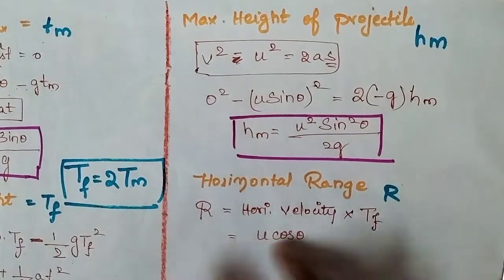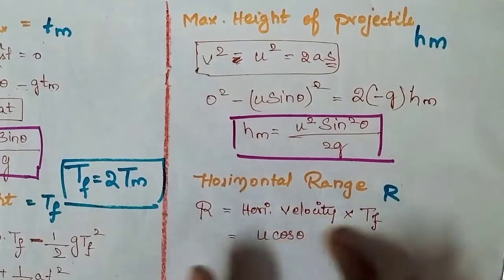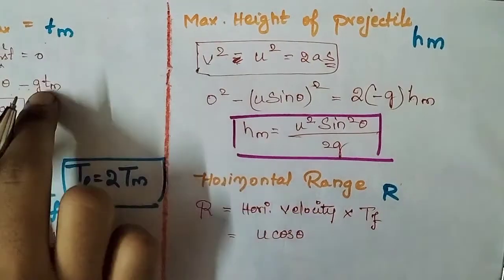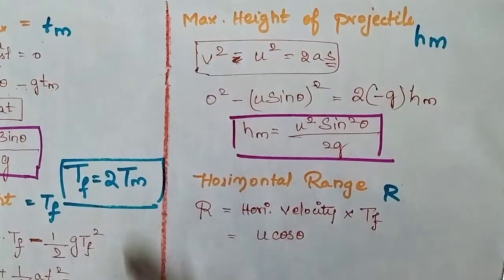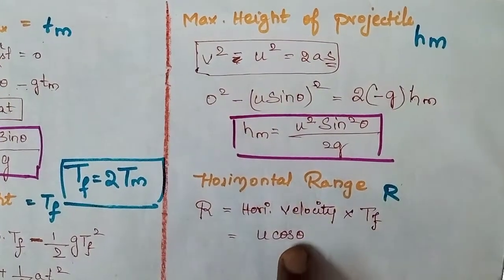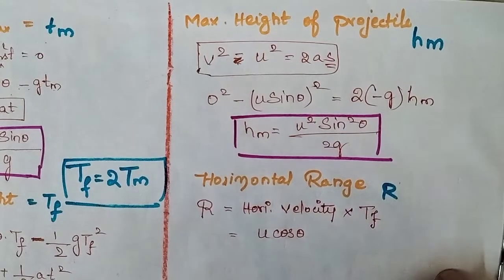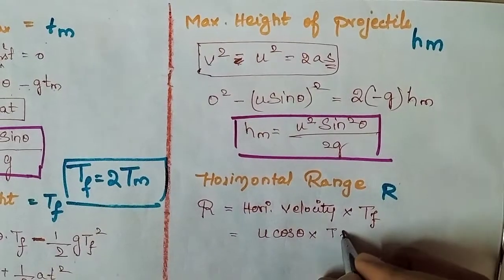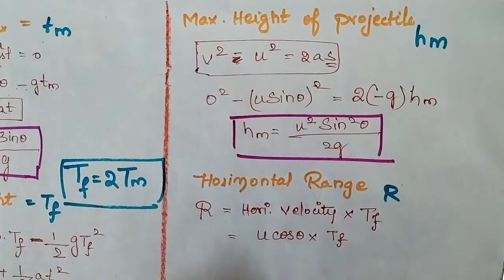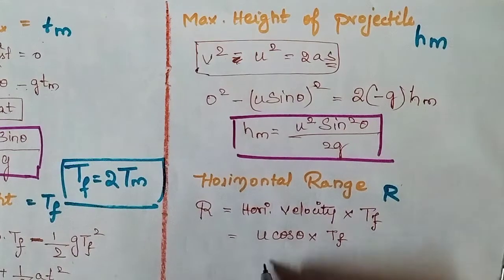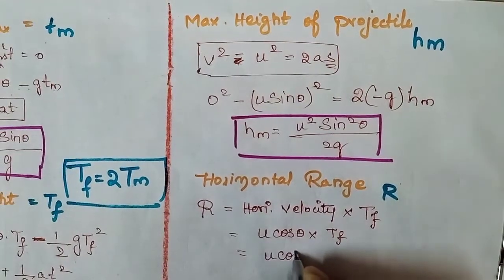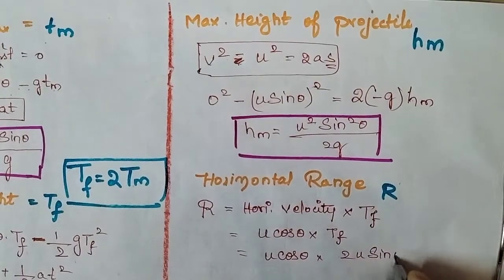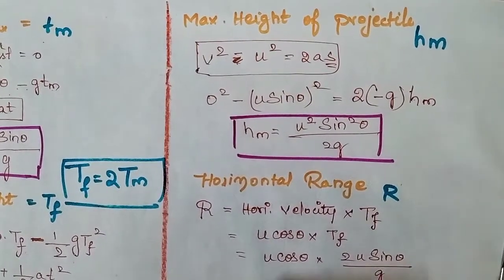As we came to the horizontal distance, we are considering u cos theta for the first time. In the three equations we did not consider u cos theta, only for horizontal range we are taking it because we are considering the horizontal distance. U cos theta into Tf. What is Tf? 2u sin theta by g. Then u cos theta into 2u sin theta by g.